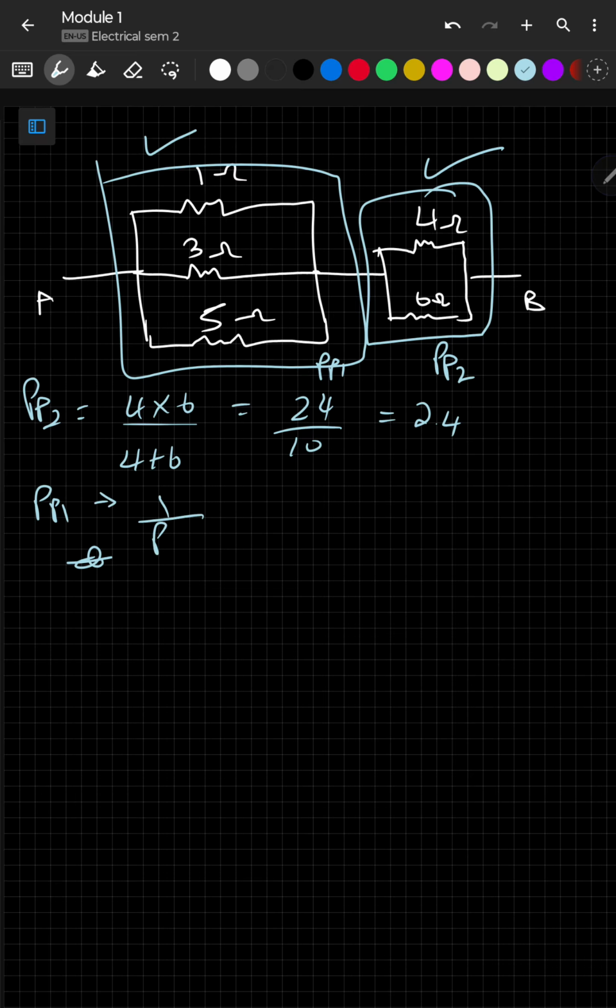So RP1, that I have to solve. So 1 by RP1 equals 1 by 1 plus 1 by 3 plus 1 by 5. So let me just solve it using calculator.